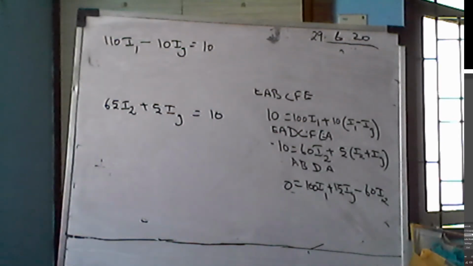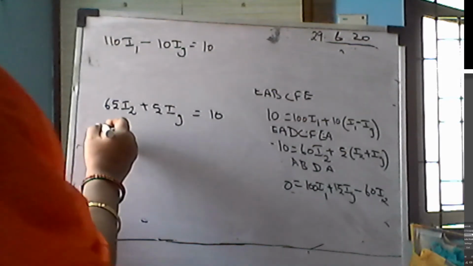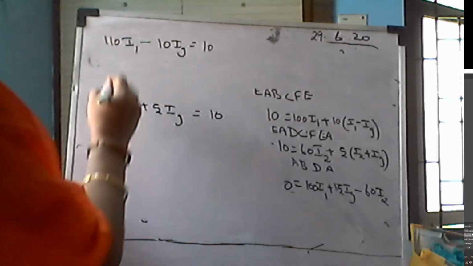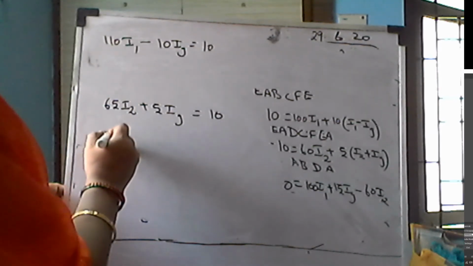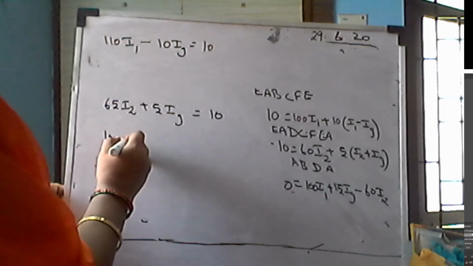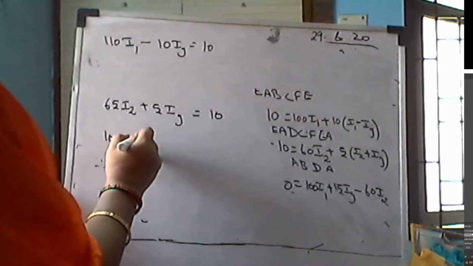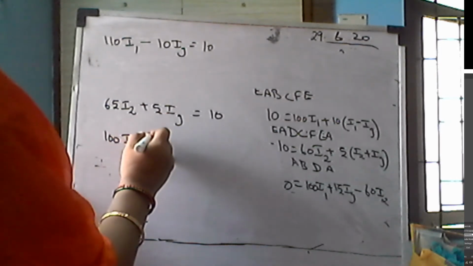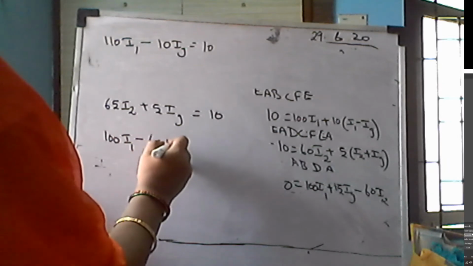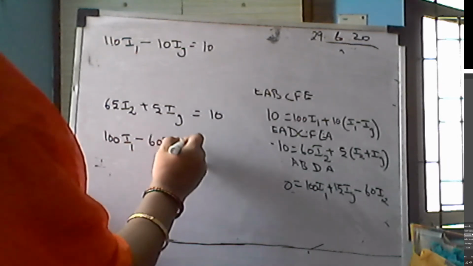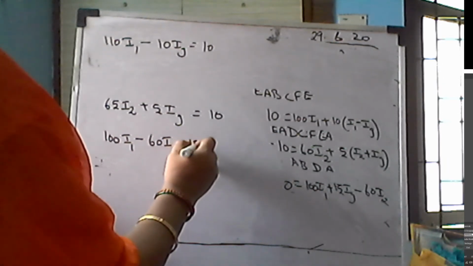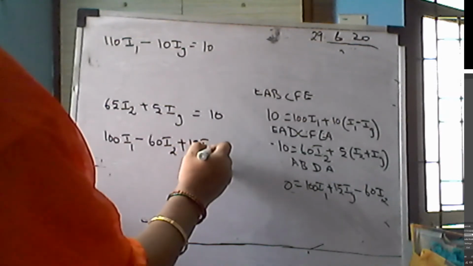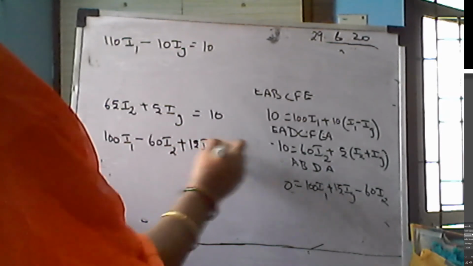Then you are getting the third equation, 100 I1 minus 60 I2 plus 15 IG is equal to 0.